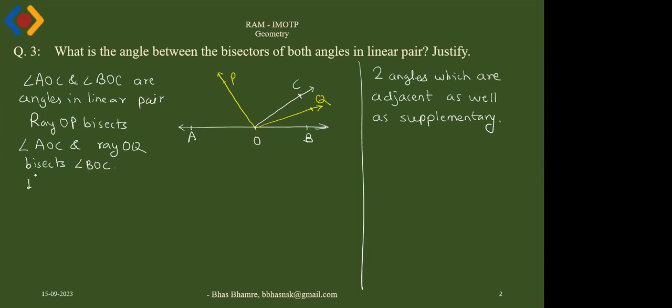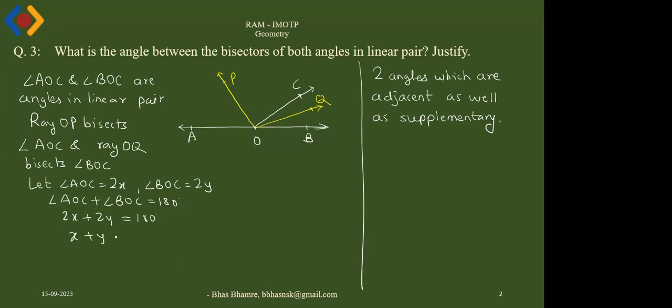Therefore, let angle AOC be 2x and angle BOC be 2y. Because they are a linear pair, we know that angle AOC plus angle BOC is 180 degrees. Then we have 2x plus 2y as 180 degrees. We can divide both sides by 2, so we get x plus y as 90 degrees.